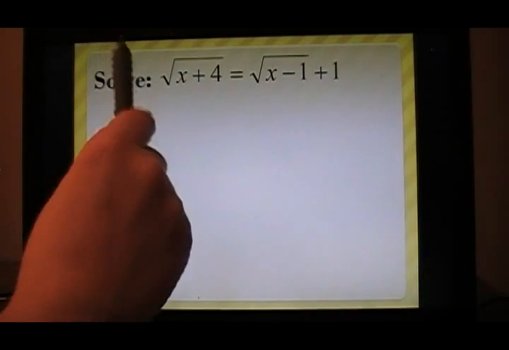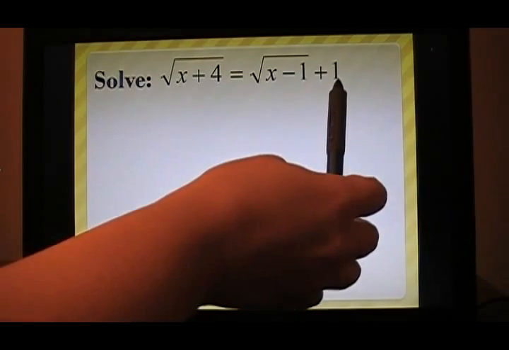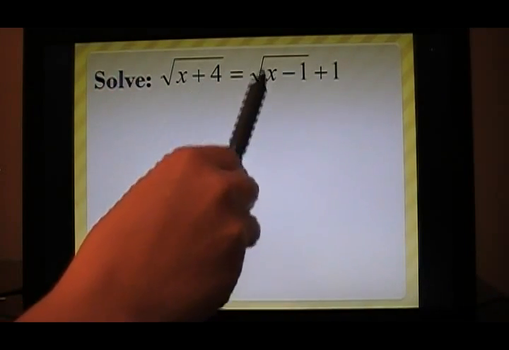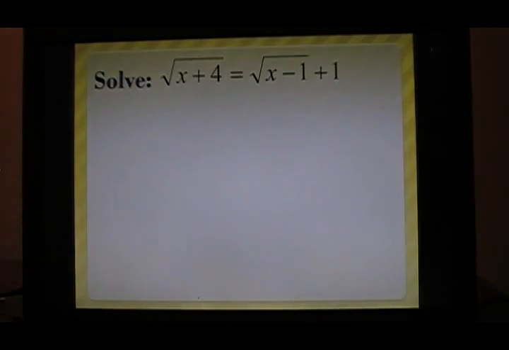Okay? So this says that what I multiply twice to get x plus 4 is this whole thing. So to solve this equation, I have to multiply this whole thing twice to get my x plus 4. So when I square both sides, I have x plus 4 equals the square root of x minus 1 plus 1 times the square root of x minus 1 plus 1.